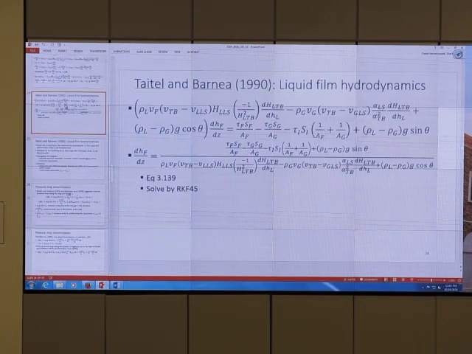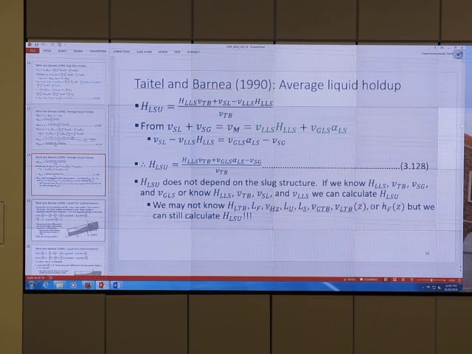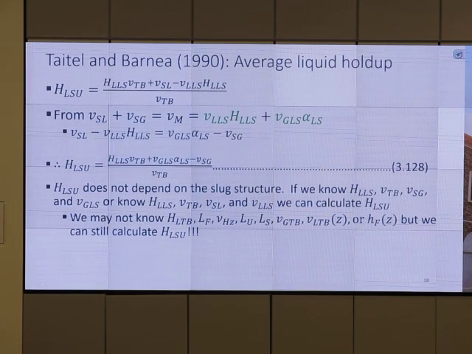Now you know that there's a relationship and you can jump ahead to do the homework. So can you do the homework? This is not Taitel and Barnea yet. This is part of it, but not that point yet. The homework has nothing to do with Taitel and Barnea. You can just use this.